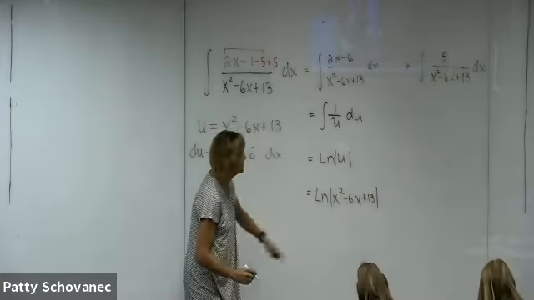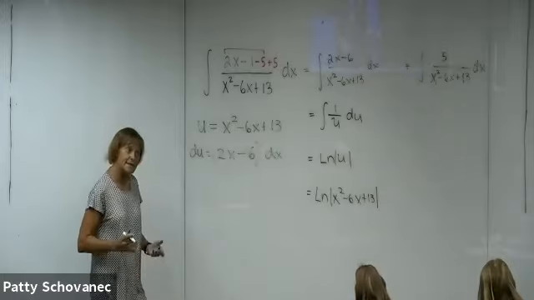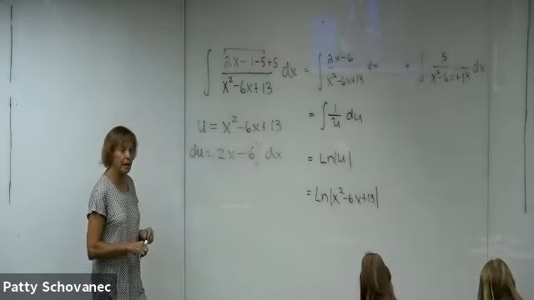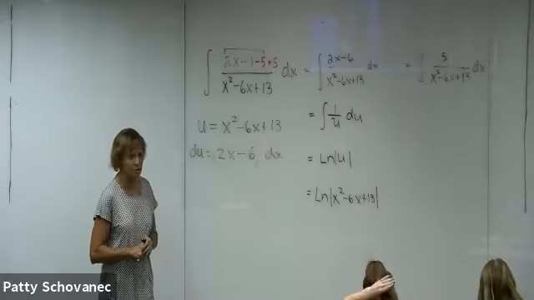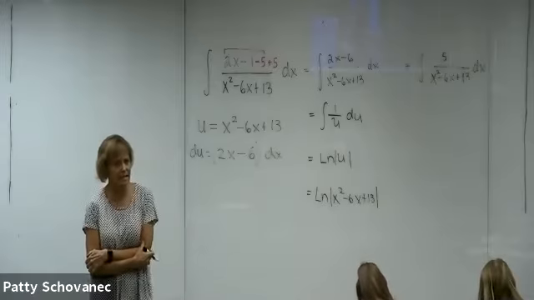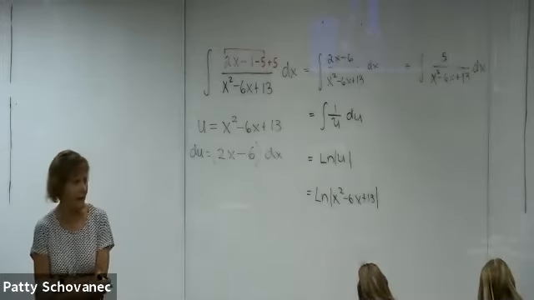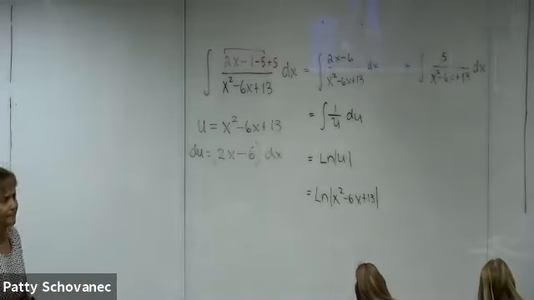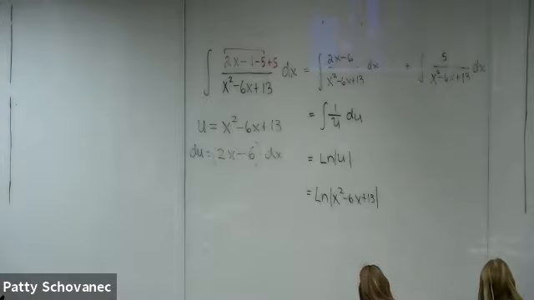Okay, so that's the first integral. And then the second one, the suggestion was to complete the square, and I think that's an awesome suggestion. So let me give you a second here and see if you remember how to complete the square on that. Move the 13 out of the way a bit, half the middle term squared, add it, subtract it.